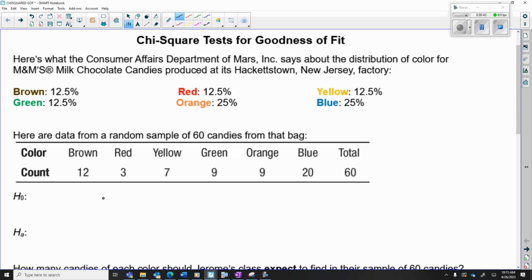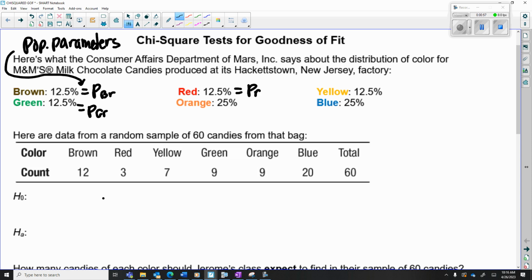These numbers are considered population parameters, because they're talking about their population. So this is the P sub brown, this is the P sub green. Notice I'm using the symbol P without a hat. This is P sub orange, P sub yellow, and P sub blue.